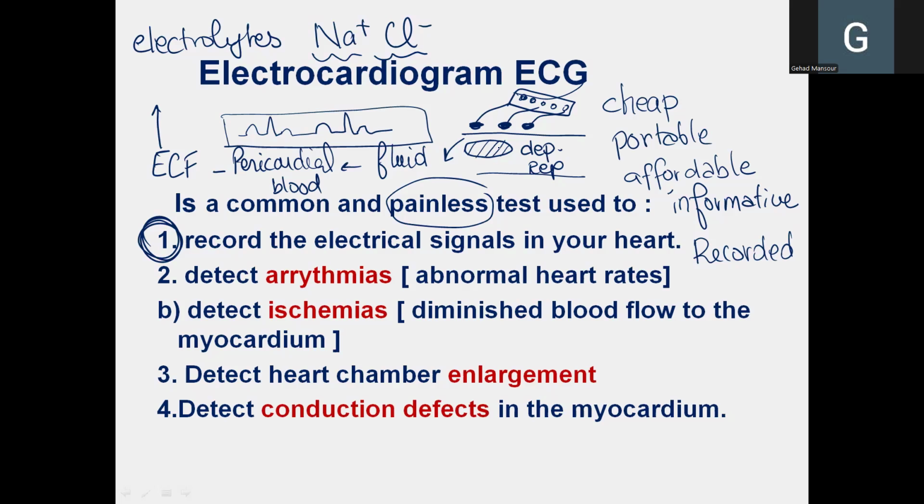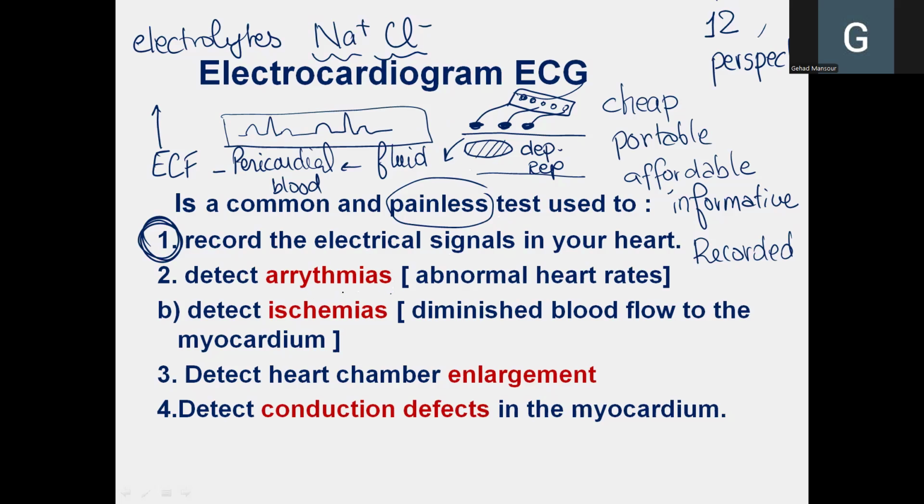We will see on the next slides that we have 12 perspectives, or 12 views, of the heart, so you can visualize its electrical activity from 12 sides. Therefore, we use 12 leads, or 12 cables, to record the electrical activity of the heart.